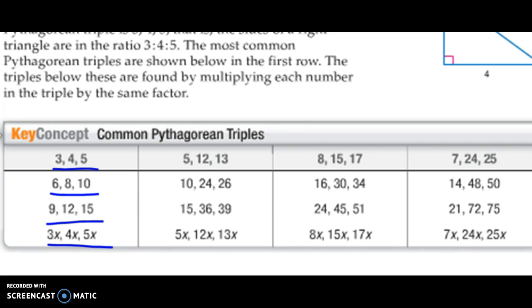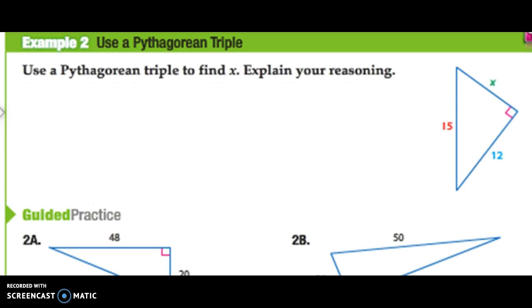There's also this set of triples, 5, 12, 13. Again, you can multiply it by 2, by 3, or by x, and it remains true. Here's the next one, 8, 15, 17, and finally the last one, 7, 24, and 25. Those are all 4 common Pythagorean triples. You should probably make note of those now.